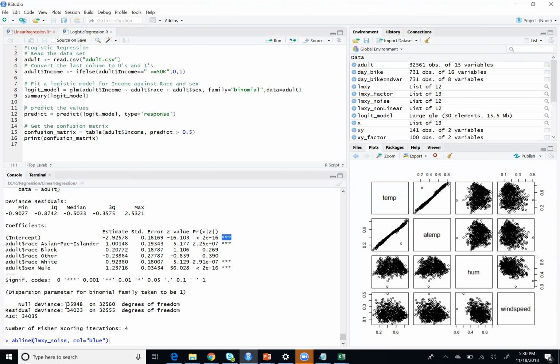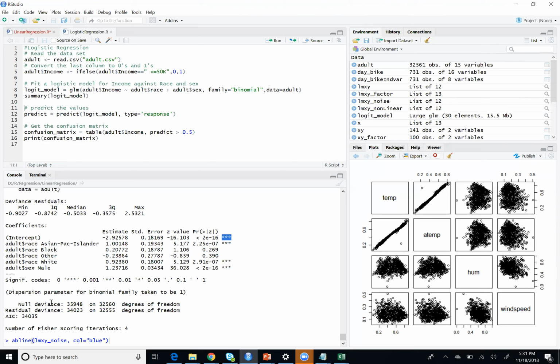Definitely it is helping you, because if you use only the constant B, you're getting 35,000 as your deviance. But if you use A1, A2, A3, you get 34,000, which is definitely less. So this tells you that yes, definitely use race and sex to actually predict the income.